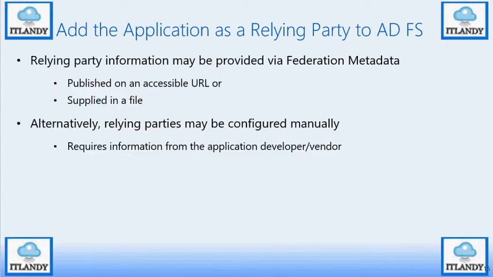Now, relying party information may be provided via federation metadata. It can be published on an accessible URL or supplied in a file. If you do that manually, it's a nightmare when you create these relying parties. Alternatively, relying parties may be configured manually, which requires information from the application developer or vendor.